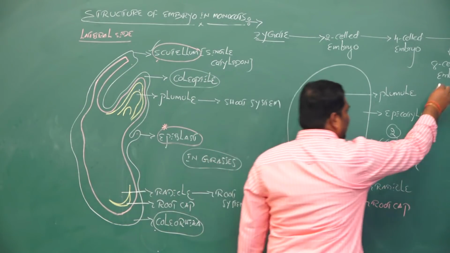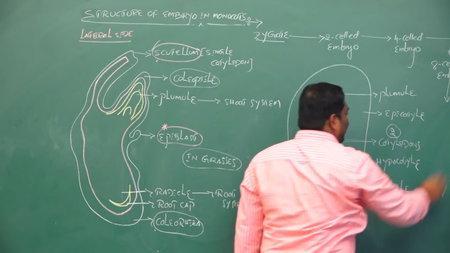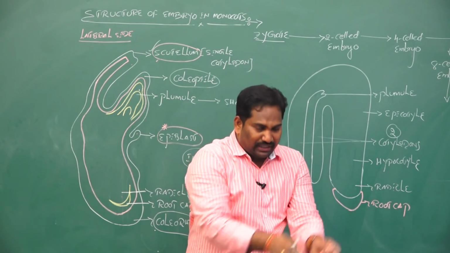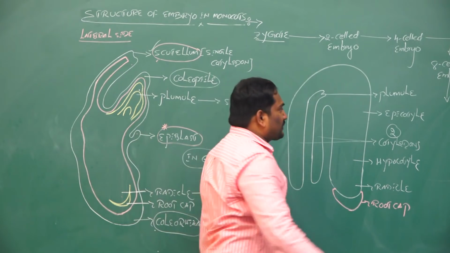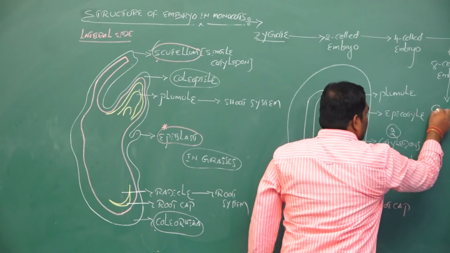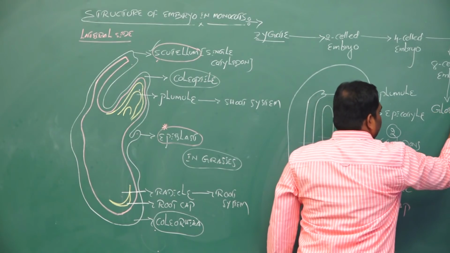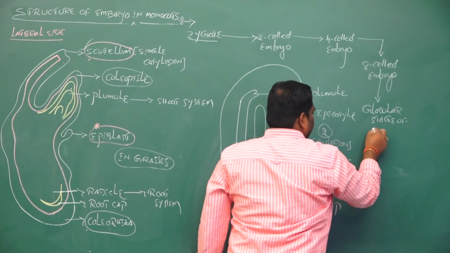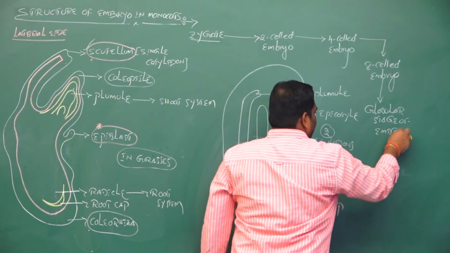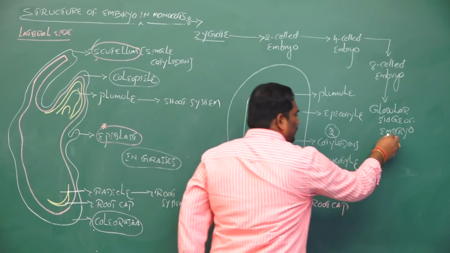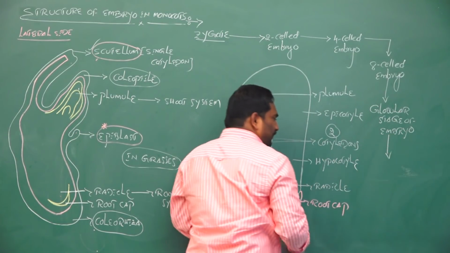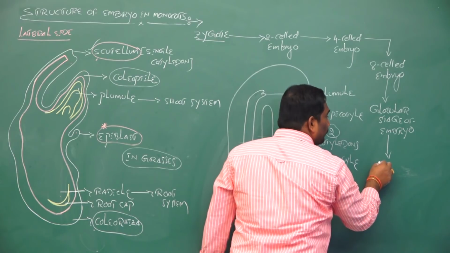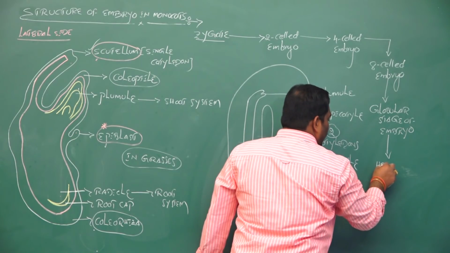Now this eight-celled embryo undergoes periclinal division, that means longitudinal and transverse division, to form the globular stage of the embryo. Then the globular stage differentiates to form the heart-shaped embryo.